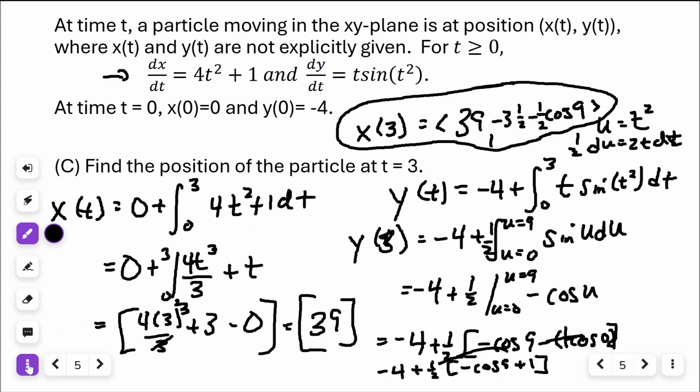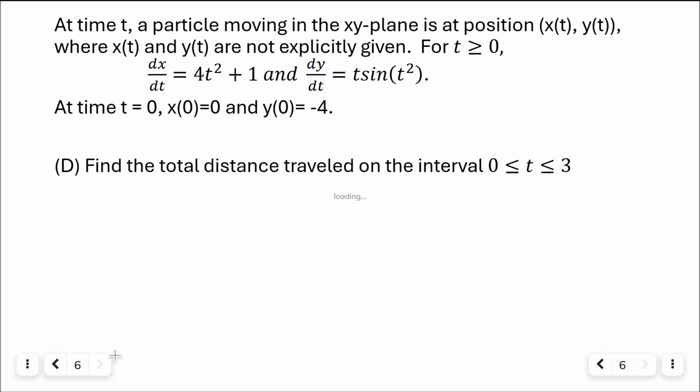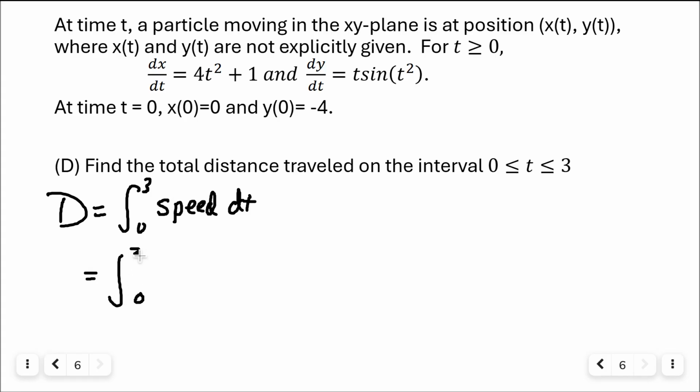Okay? All right, and then finally, let's find the total distance traveled on the interval 0 to 3. So to find the total distance, d, I'm going to integrate the speed with respect to time, from 0 to 3.